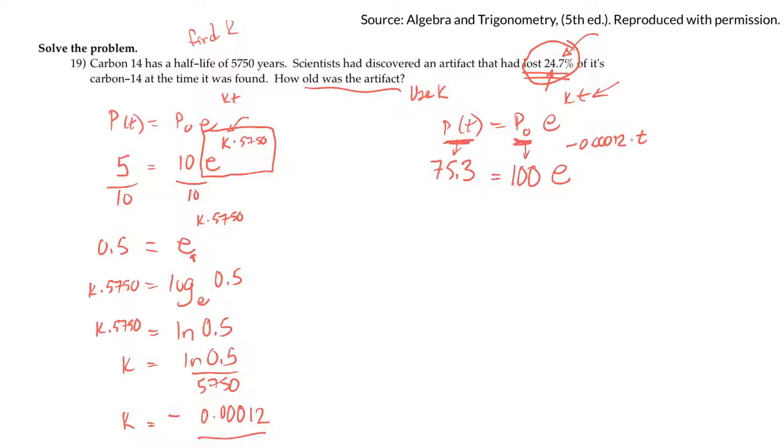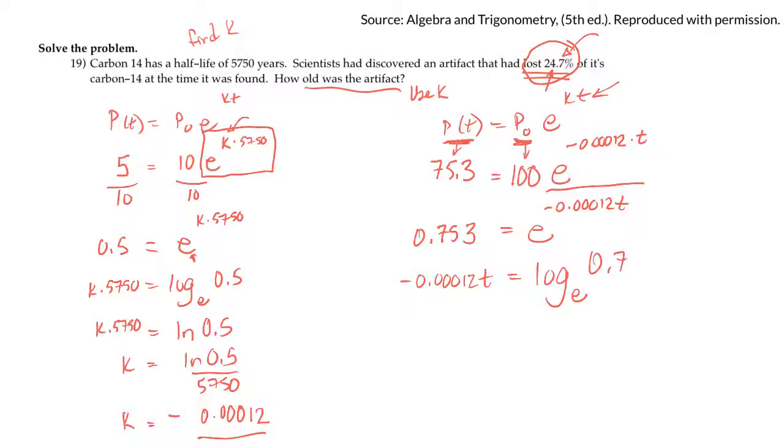Now we do the same thing as we did in the other one. I want to isolate this portion, so I'll divide both sides by 100. That'll be 0.753 equal to e to the negative 0.00012t. Now change it from exponential to log form. So it's negative 0.00012t is equal to log base e of 0.753.